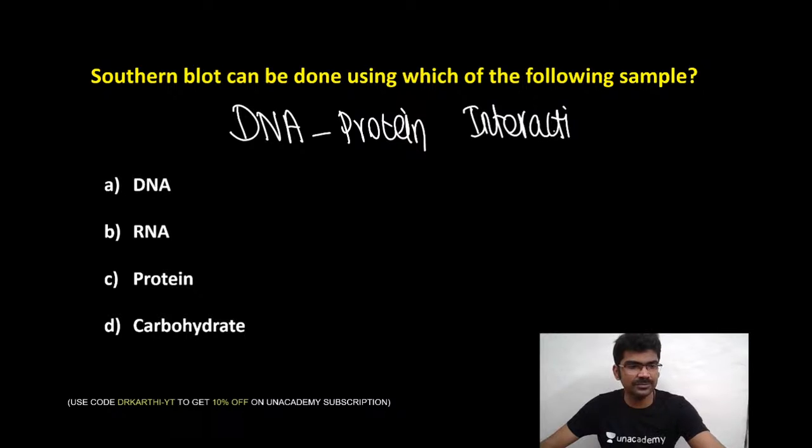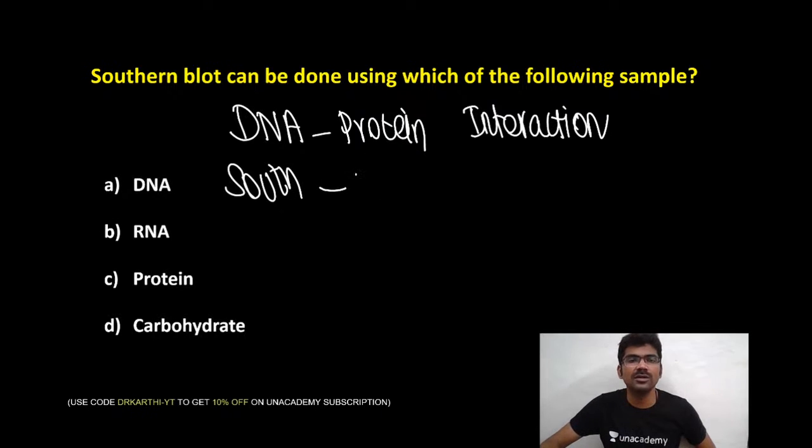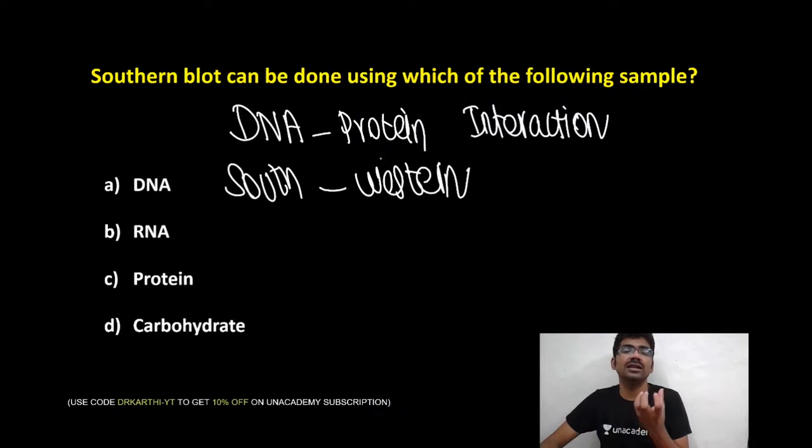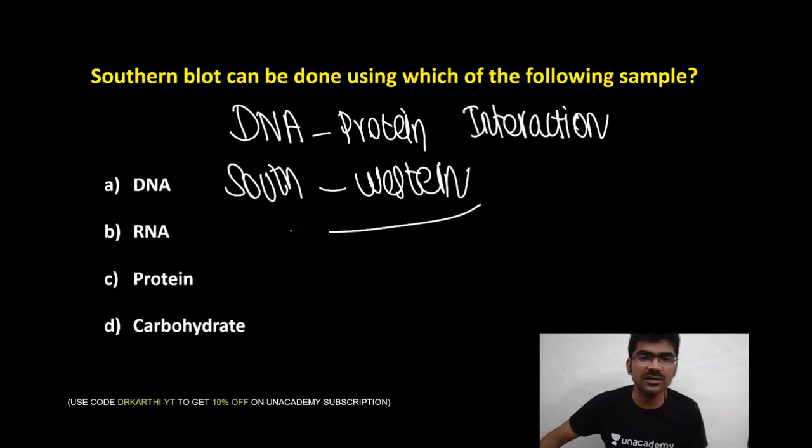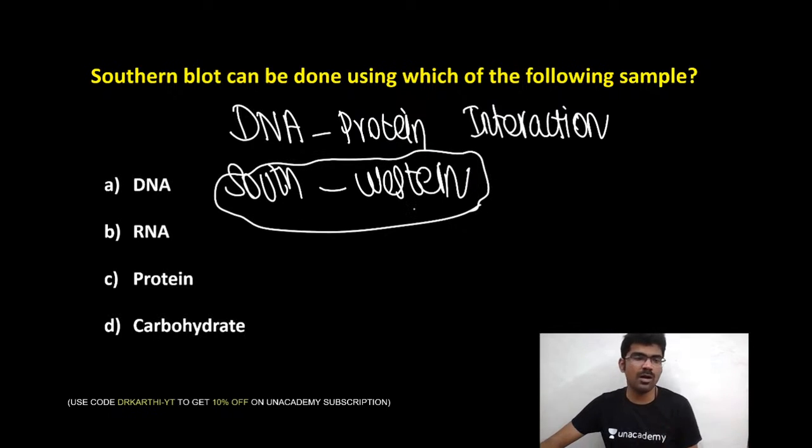Excellent Arsh, nice. All of you are answering nicely. For DNA, it will be southern blot. For protein, it will be western blot. So the technique to detect the DNA protein interaction is south western blot.